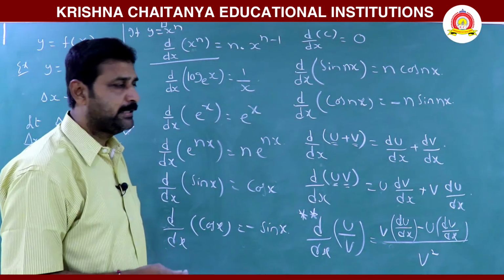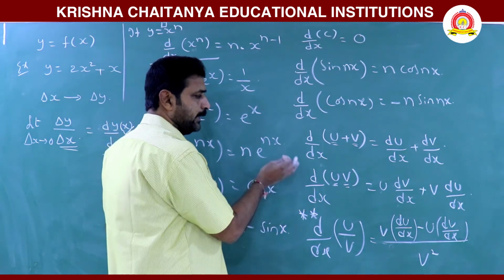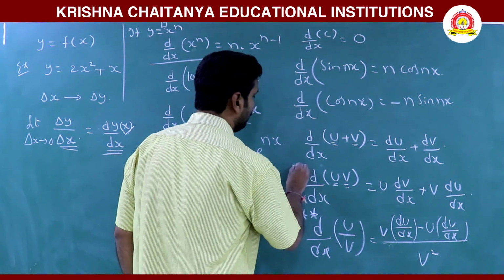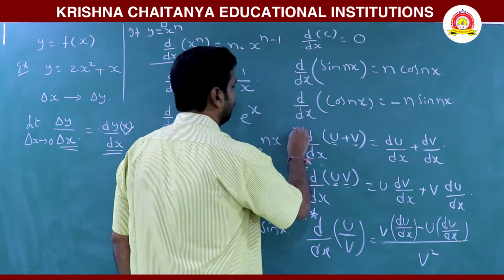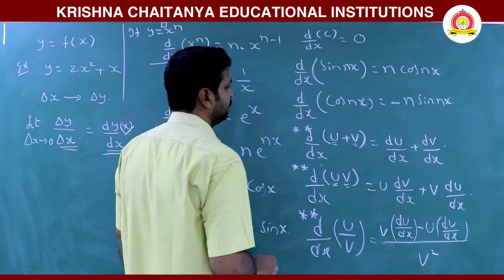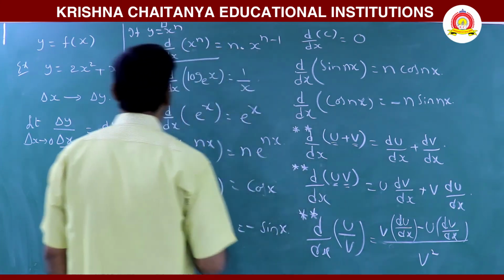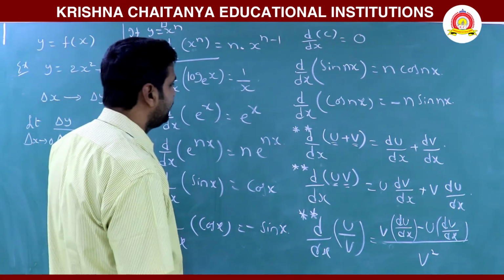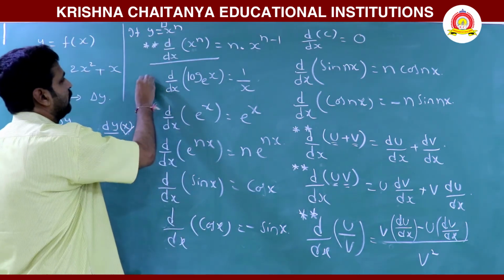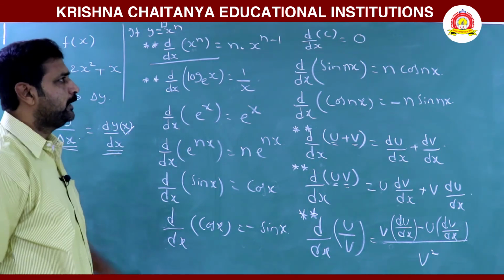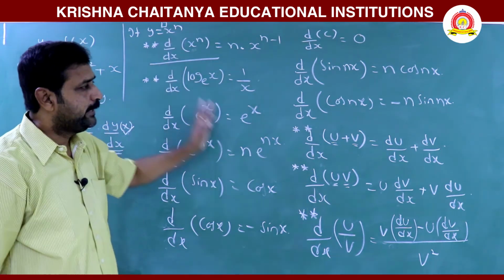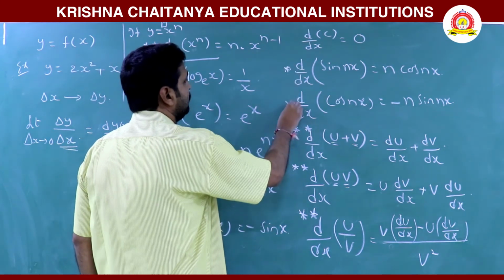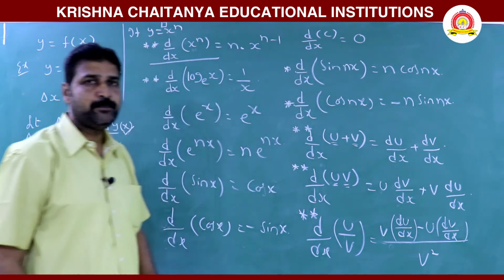For your first year and second year intermediate, or JEE or NEET physics, you require these formulae, which are very important. So remember at least these formulae, as sometimes these formulae also come into the picture.